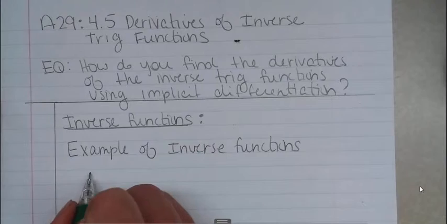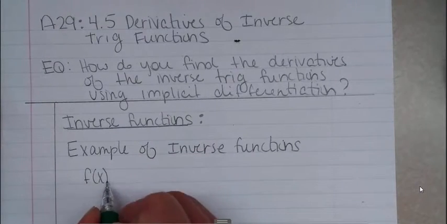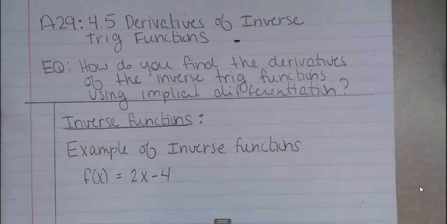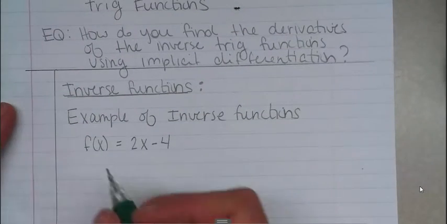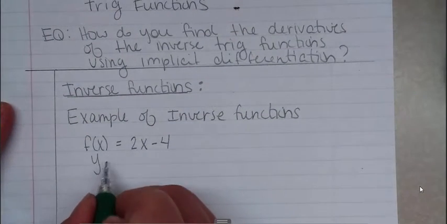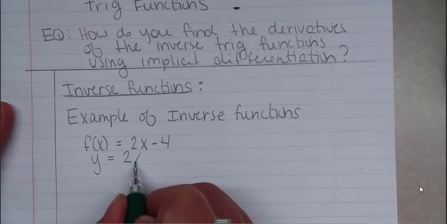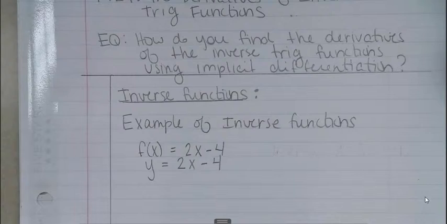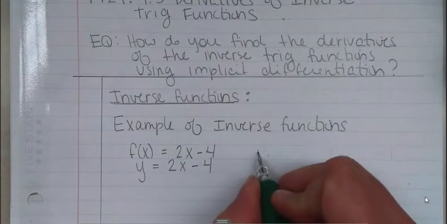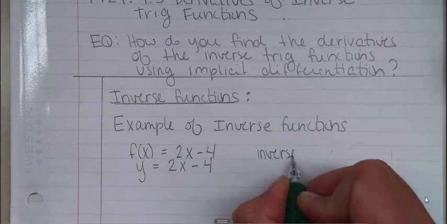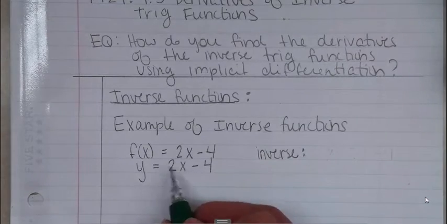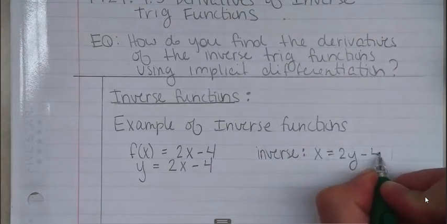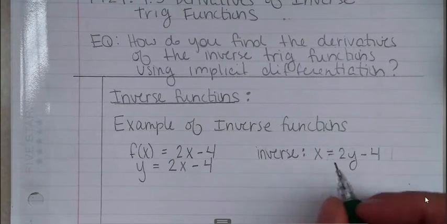An example of an inverse function. I'm going to start with f of x equals 2x minus 4. When we're dealing with inverses, it's usually easier to think of f of x like y, because then you're just dealing with one variable. So when we want to find the inverse function, we just switch the x and the y, and then we solve for y.